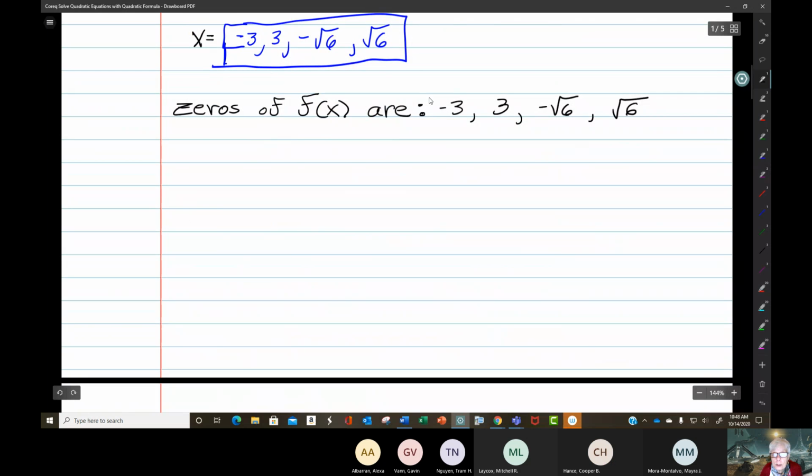But these zeros are called real because they're real numbers. Rational because they're rational numbers. These numbers are real numbers. They're in the real number system. Don't you wish they weren't? But they are.